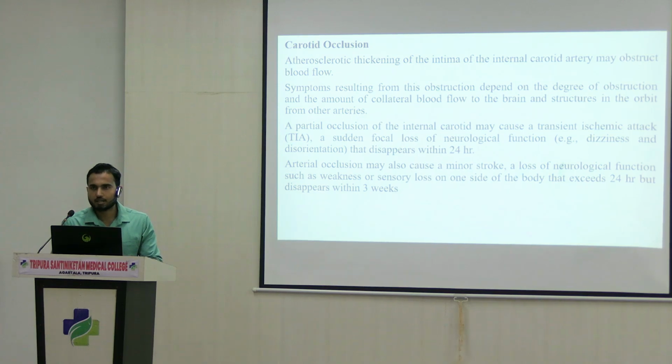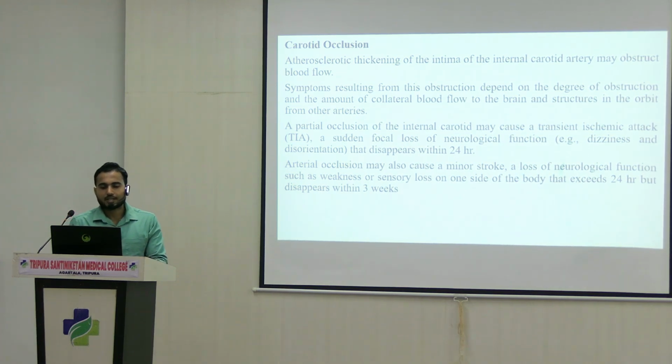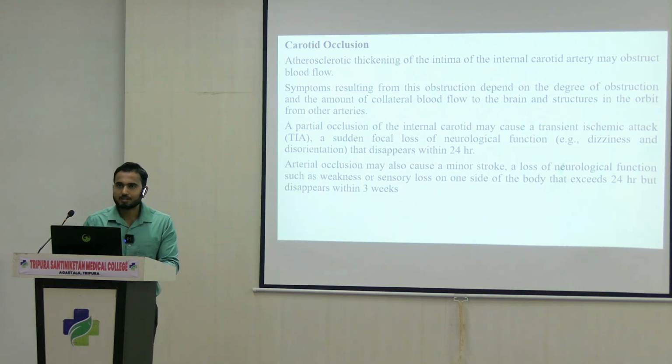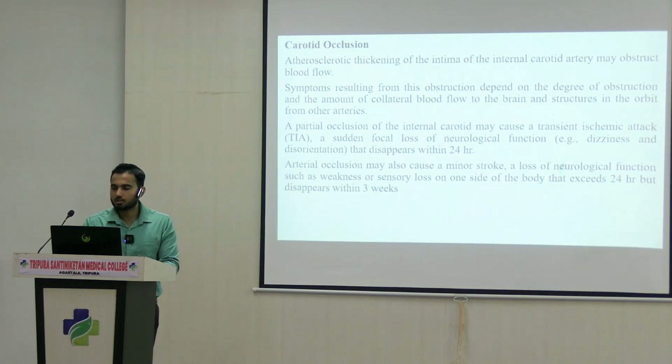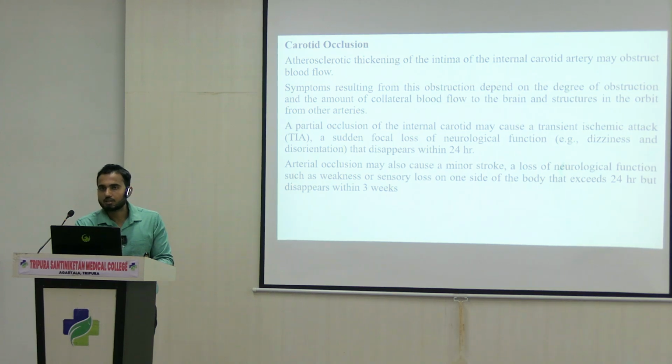Next, carotid occlusion. When atherosclerotic thickening takes place in the wall of the carotid artery, carotid occlusion occurs, which can obstruct the blood flow. The symptoms during the obstruction depend on the level of obstruction and on the collateral circulation.